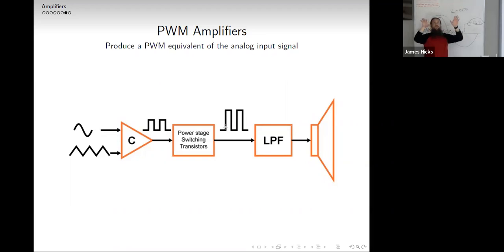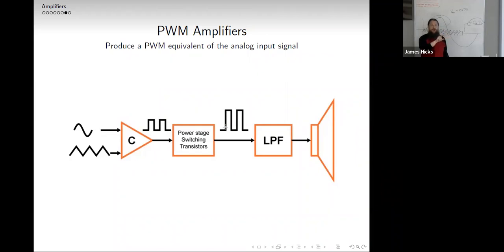What's important about that spacing not changing is that the spacing between these square pulses contains the information from our original signal.